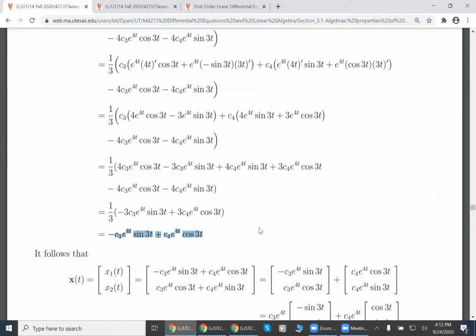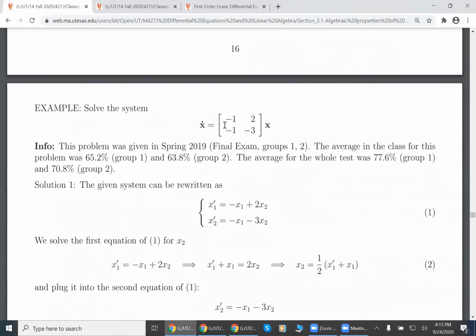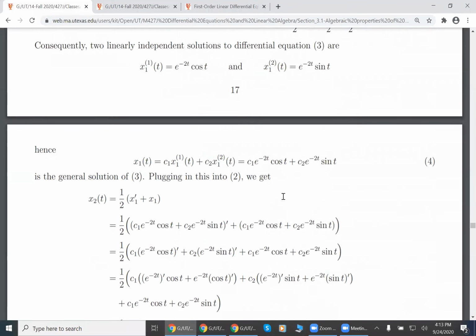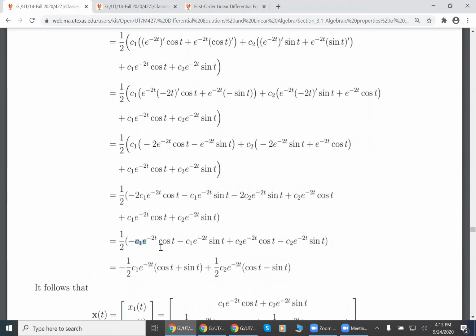Many terms got cancelled. After all simplifications, we got only 2 terms here. In contrast, in this problem, after all simplifications, we have 4 terms instead of 2. In other words, in the previous problem, the coefficients of our system were chosen in such a way that we achieved more dramatic simplification than in this problem.